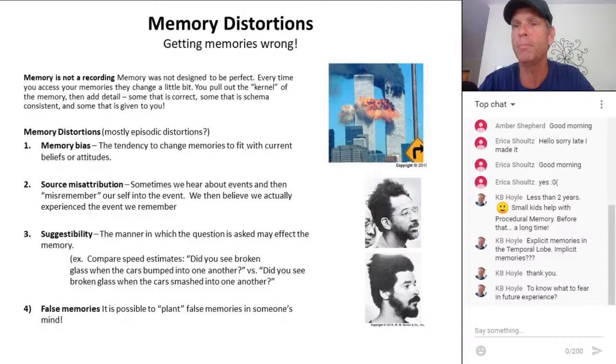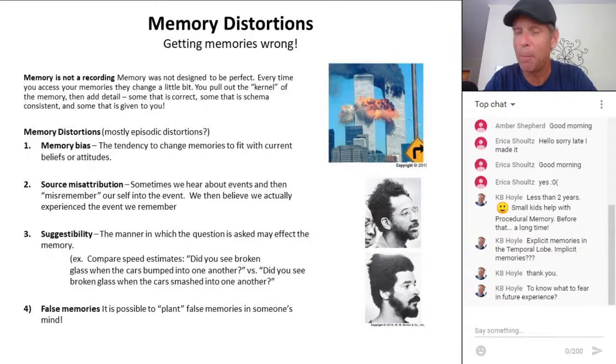Let's say you grew up and you were 30, 10 years later out of school. You might remember being a fairly liberal person in high school, even though you were actually a conservative person in high school. And so a lot of times we'll change our memories of past events to make them more consistent with our current beliefs and attitudes.